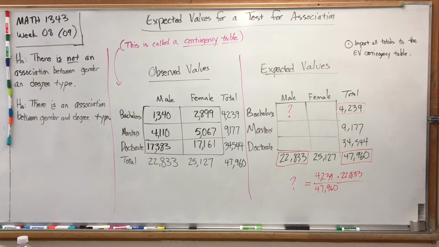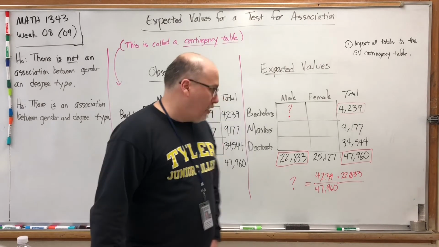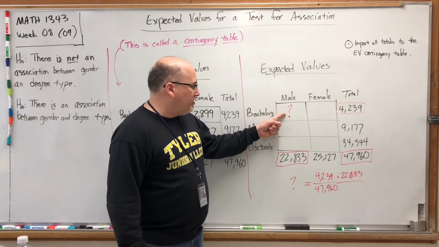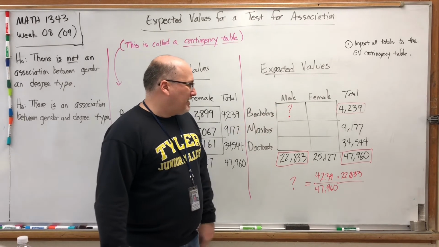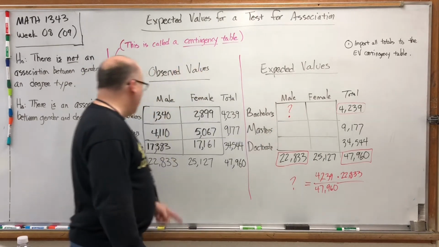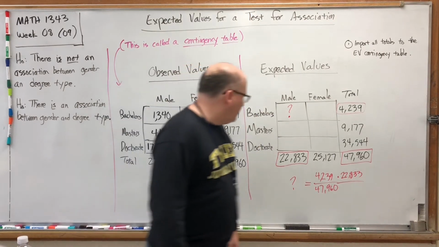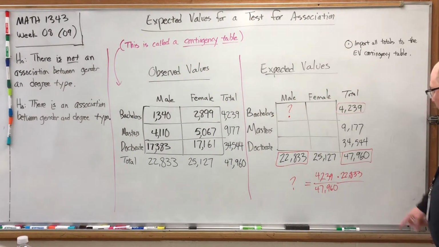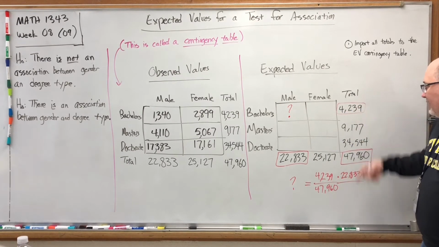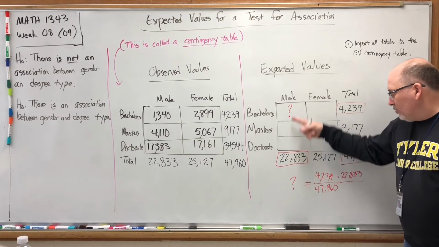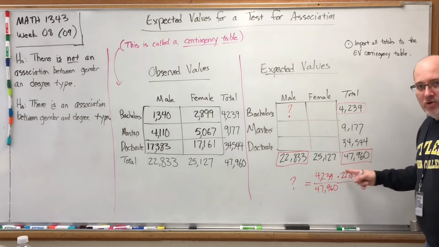What's this equal to? Well, that's just a calculator thing, but I want to focus a little bit more on how we built that, because that's where our formula is going to come from. To calculate the expected value of the number of males who receive bachelor's degrees, in other words, the expected value of this cell, what we observed was this, but what we should have expected for perfect proportionality is the product of the row total that it came from, 4,239, and the column total that it came from, 22,833, divided by the grand total of everything.